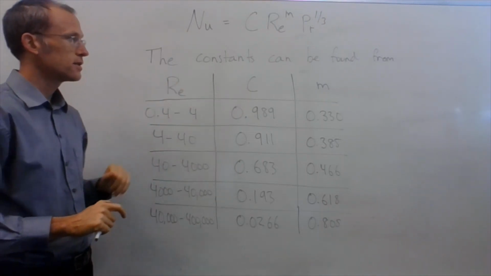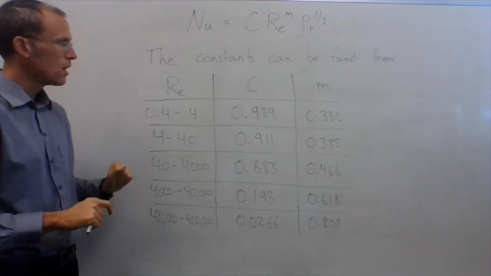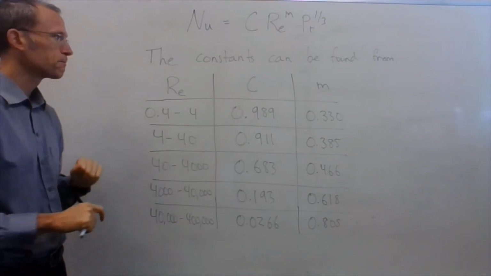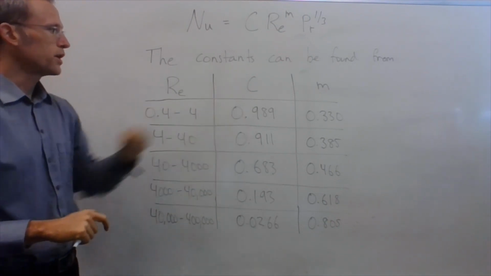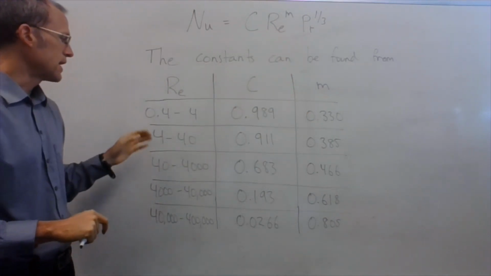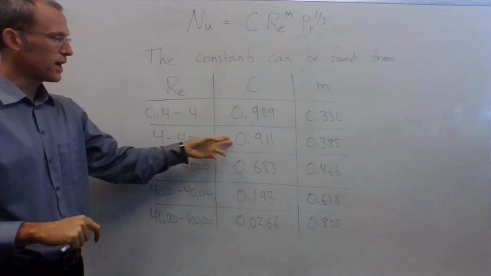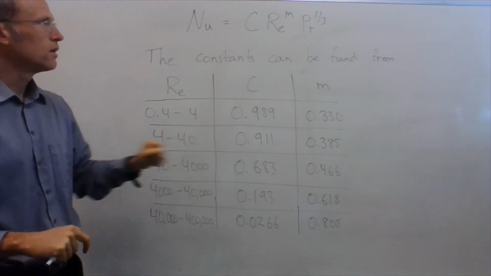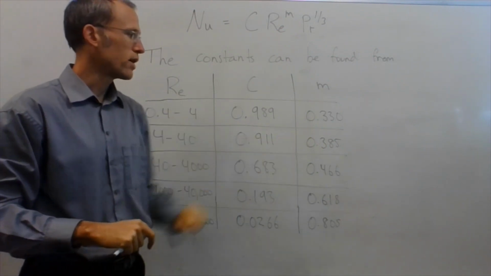In our equation for the Nusselt number, C Re to the m, Prandtl number to the 1/3 power, we have values of constants that were found experimentally. For different values of the Reynolds number, I have different values for the constants, C and m. For small Reynolds numbers, 0.4 to 4, C is 0.989 and m, the exponent, is 0.33. Then as we go up to higher Reynolds numbers, values of C go down, so 0.911, between 4 and 40. Values for the exponent, m, go up, in this case 0.385.